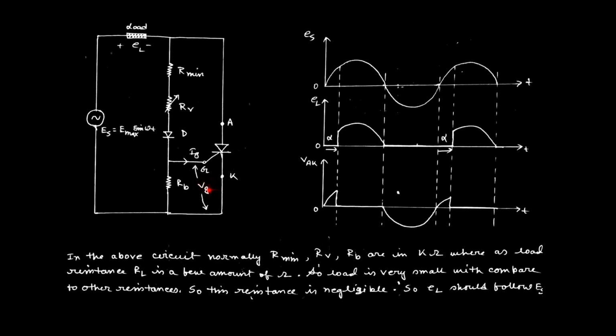Whenever we calculate VG max, the maximum allowable voltage across gate to cathode, VG max appears when Emax is maximum. That means VG max should be equal to Emax into this resistance, RB, divided by the total loop resistance. This is the loop, if we consider, so it is divided by Rmin plus RV plus RB.